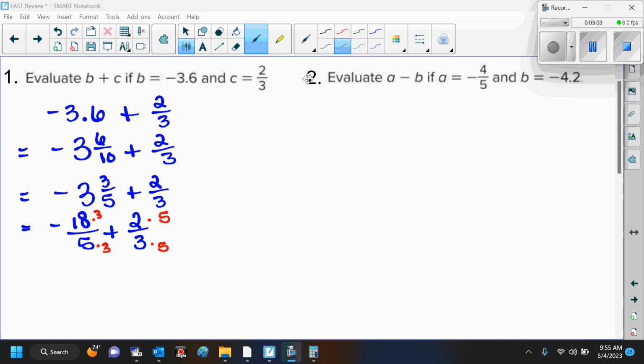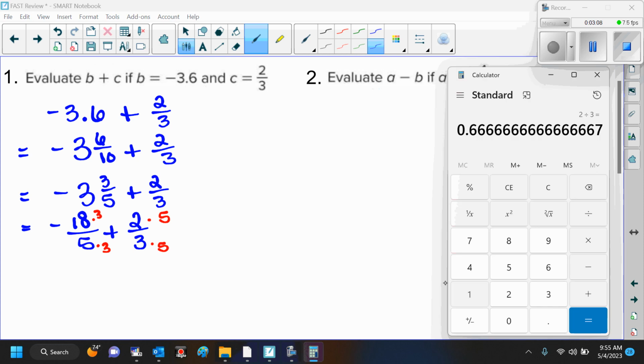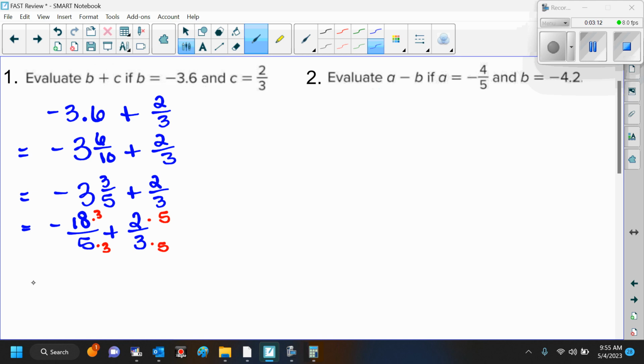So now let's do our common denominators. So we've got 18 times 3, and that's going to be 54. So this is going to be negative 54/15 plus 10/15. Is everybody with me?